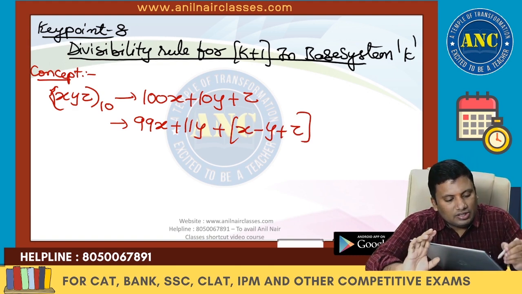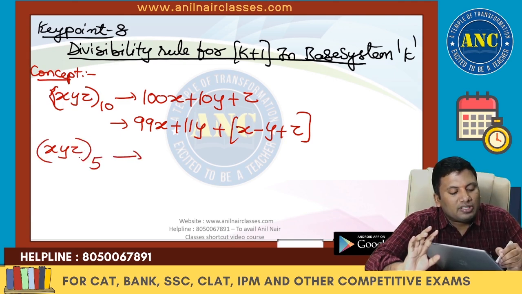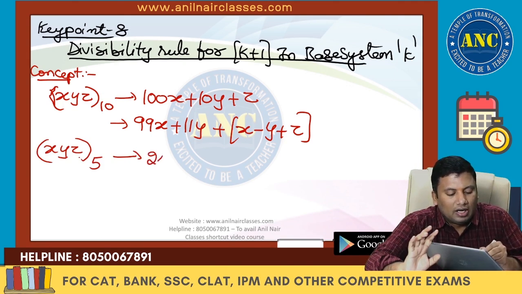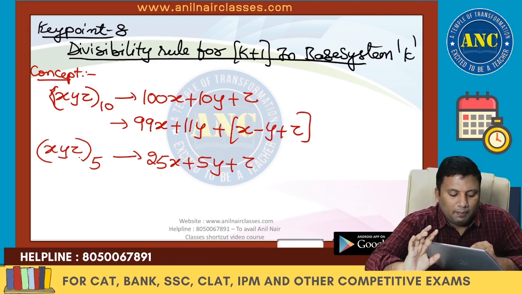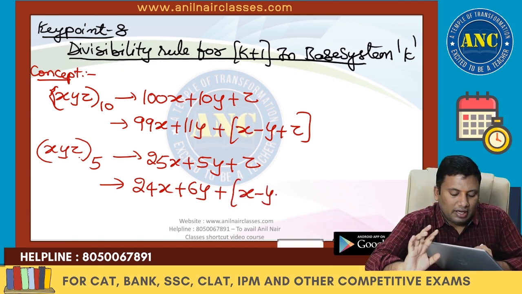Now if xyz is in base system 5, it is 5 power 0, 5 power 1, 5 square: 25x plus 5y plus z. This is nothing but 24x plus 6y plus x minus y plus z.